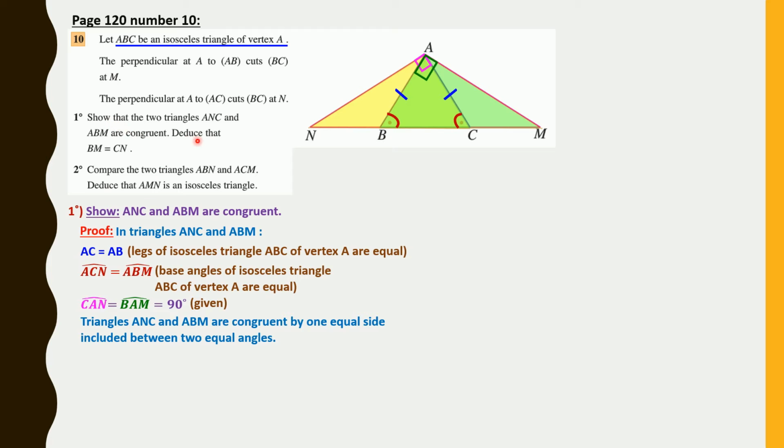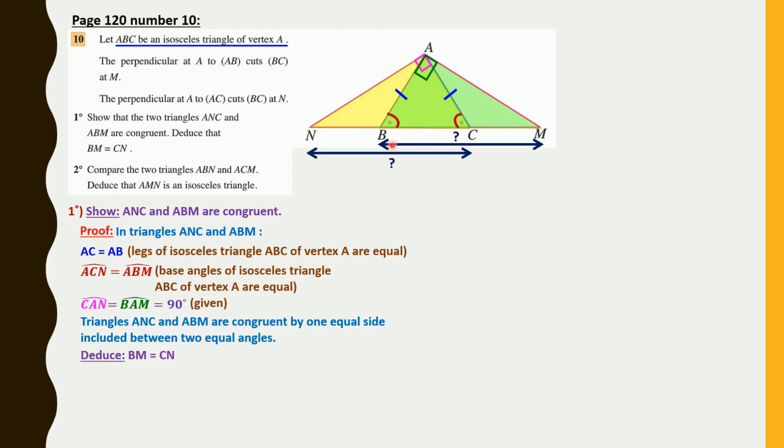Now part 2 in question 1, deduce BM equals CN? Here we notice that side BM is in fact a side of triangle ABM, and segment CN is in fact a side of triangle ACN, which we just proved are congruent.